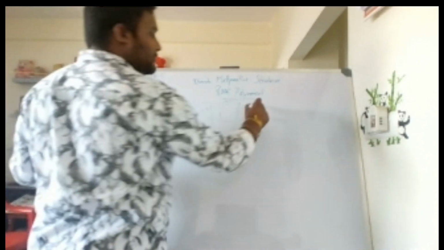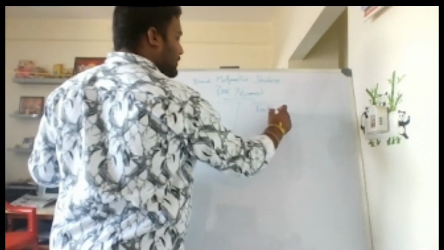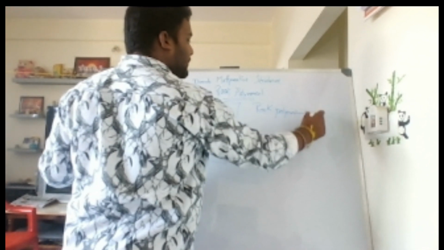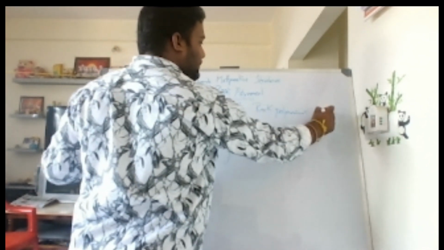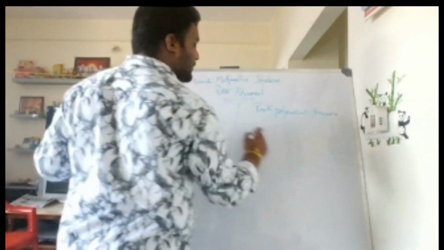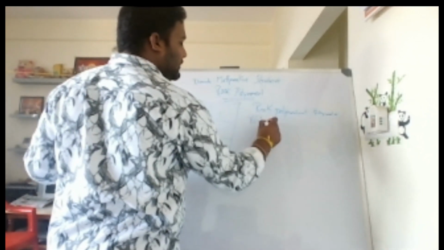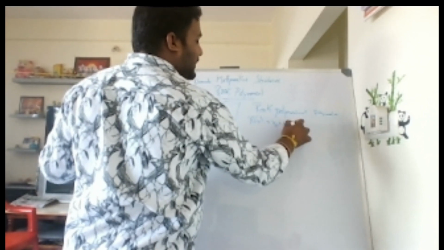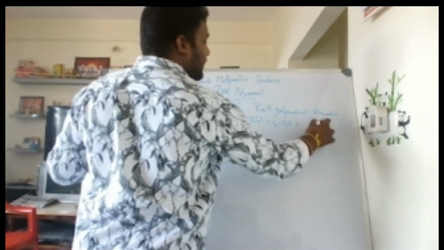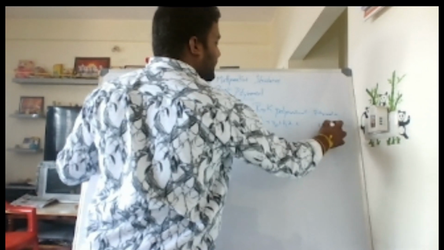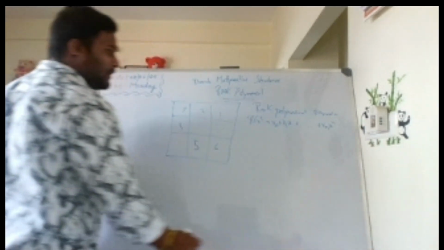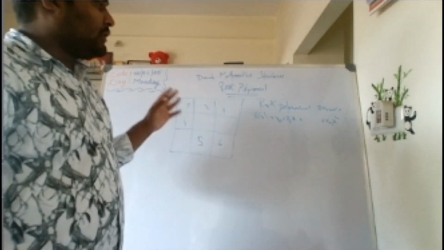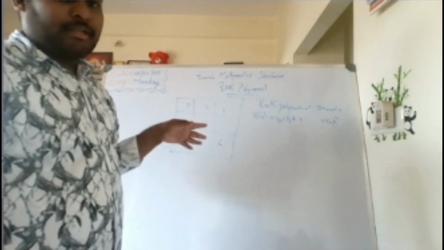As we know, the rook polynomial formula is R of x equals r0 plus r1 x plus, and so on, up to rn x to the power n. And we are going to see a rook polynomial example in a practical manner here.